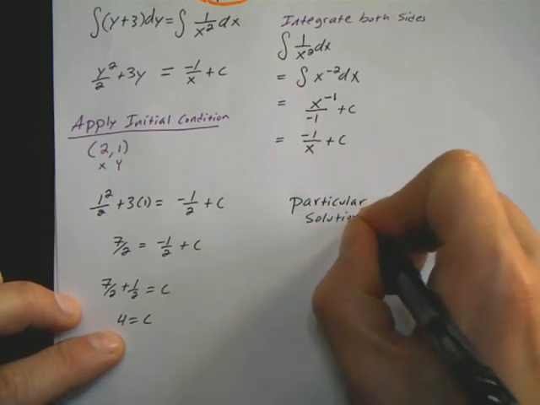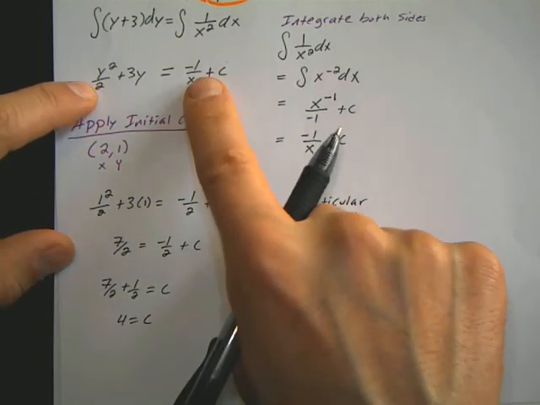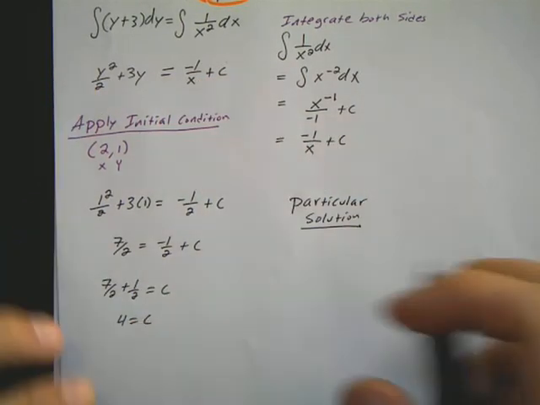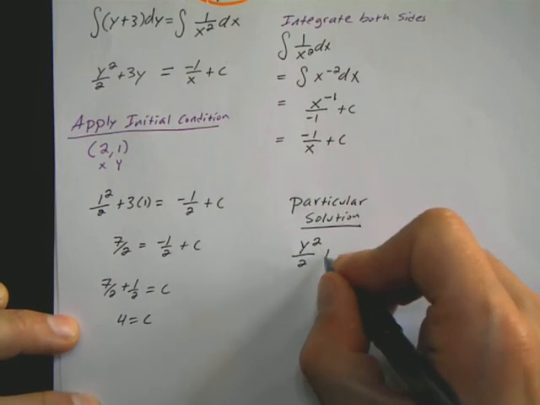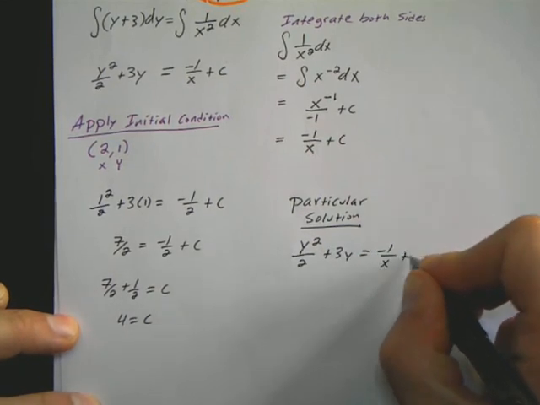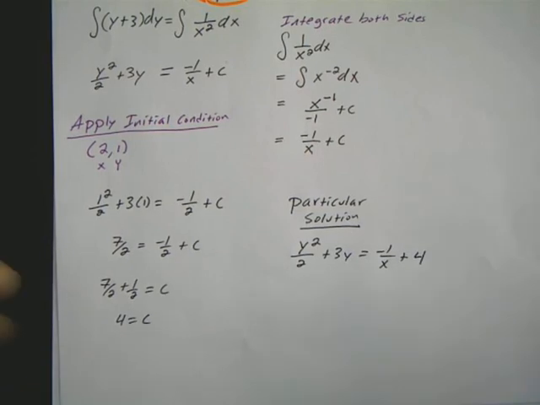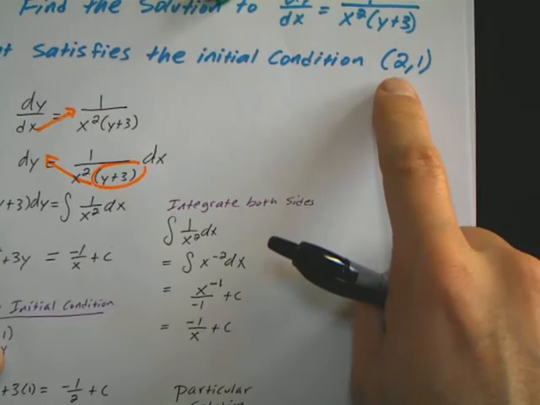So basically, just take your general solution up here, and then the c value is 4, and that's going to be a particular solution. The particular solution just means that it's going to pass through the given point, the 2 and the 1.